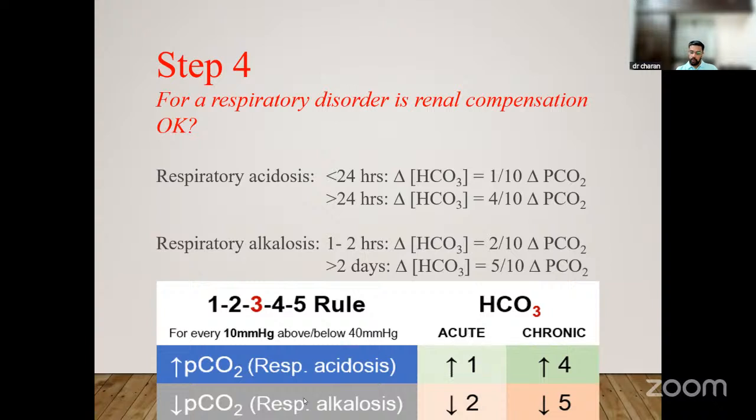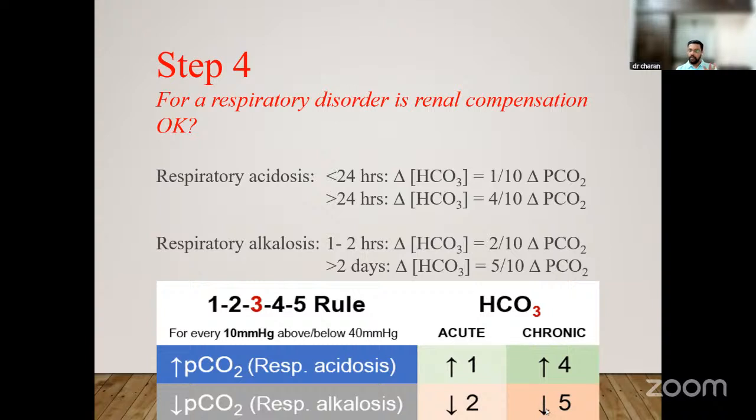If it is acute respiratory alkalosis, for every 10 change in PCO2, the change in bicarb will be 2. If it is chronic respiratory acidosis, for every 10 change in PCO2, the change in bicarb will be 4. For chronic respiratory alkalosis, again, for every 10 change in PCO2, the change in bicarb will be 5. So 1, 2, 4, 5.